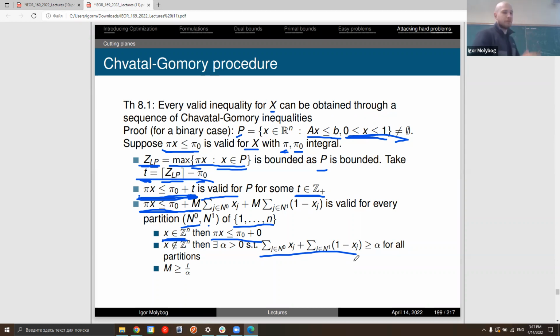Both of these entries are greater than or equal to 0, so the left hand side can never be reduced.